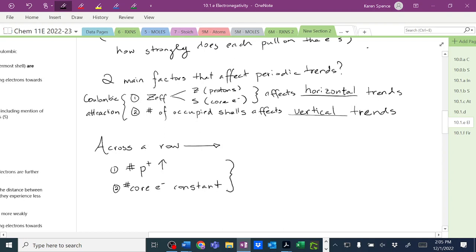And that leads to Zeph increasing. If it was the first time I said it on a test, I would write out effective nuclear charge, just to prove that I know what it means. You know what I mean? Okay. Yes?